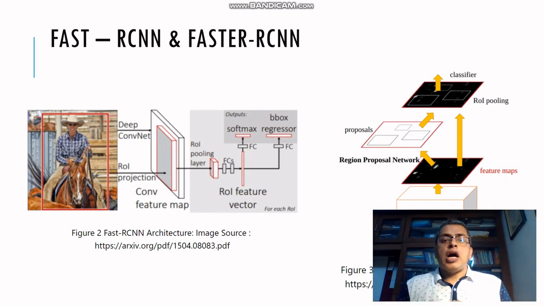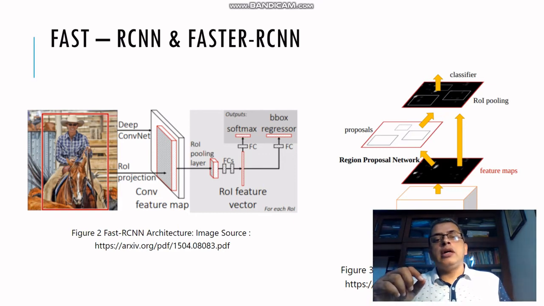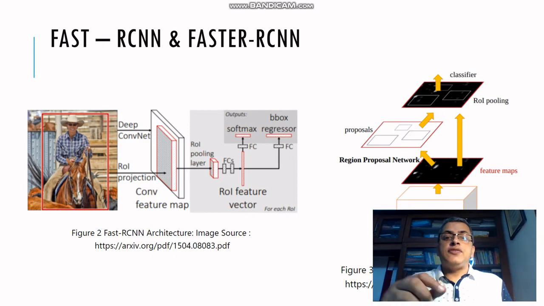However, even though you train end to end with the CNN, at inference time you still had to depend on an algorithm like selective search to give proposals of regions over which this FAST-RCNN was applied to give the predicted class and the bounding boxes.